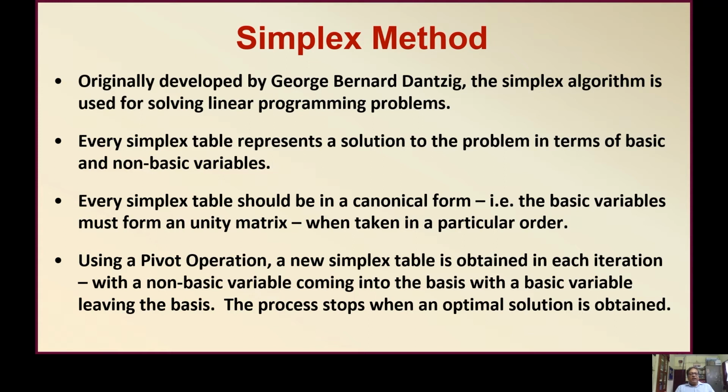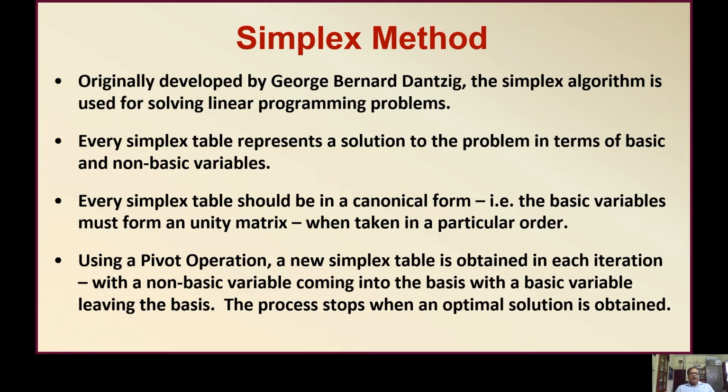You will realize later that the basic variables will form a unity matrix, like 1 0 0, 0 1 0, 0 0 1, that type of matrix. And when that is achieved, we say the table is in canonical form, and this is extremely important for applying the simplex method to solve a linear programming problem.